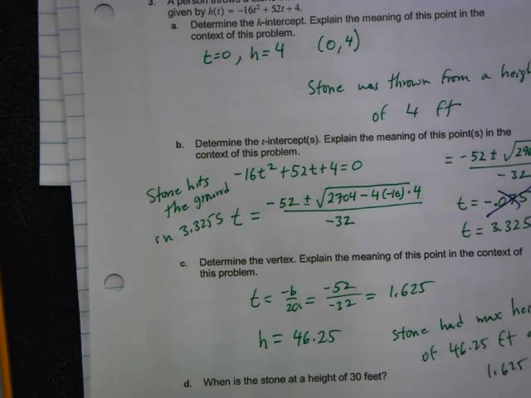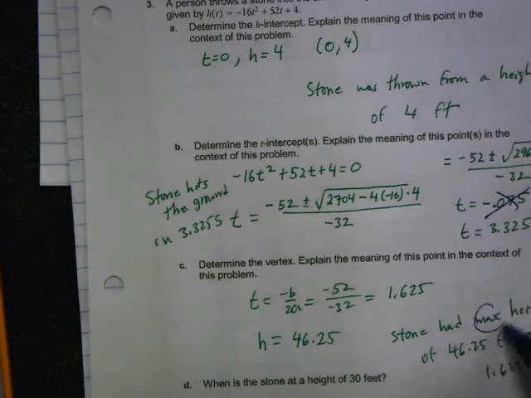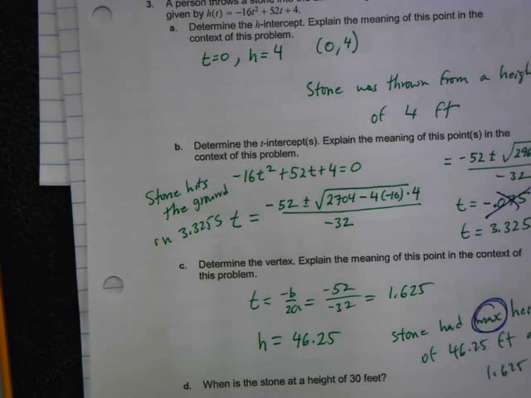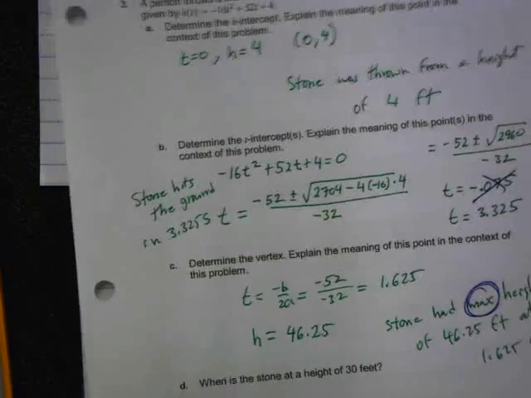In this case, since it's a vertex, it is important that you have the word maximum in there. If you just tell me the stone reached a height of 46.25 feet in 1.625 seconds, you're missing a little bit of information. It is important to tell me that it was a maximum.